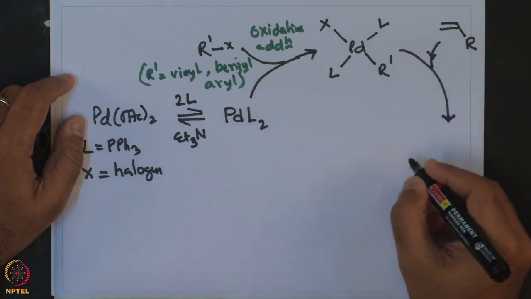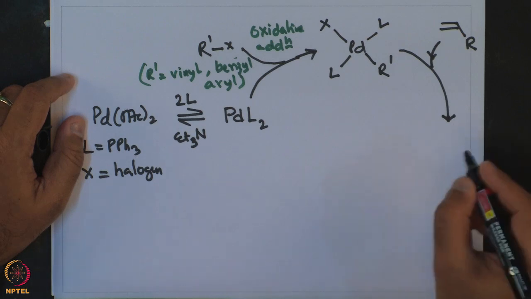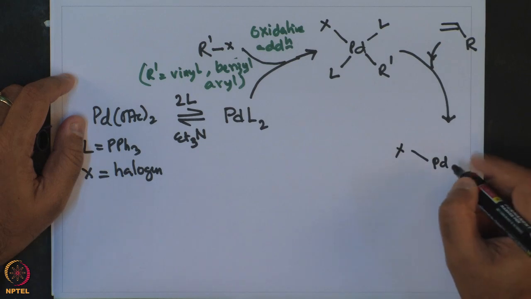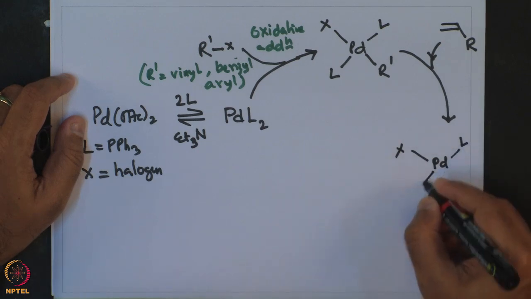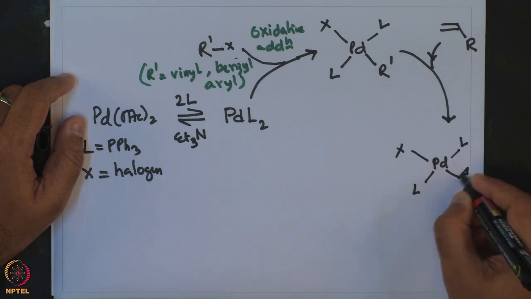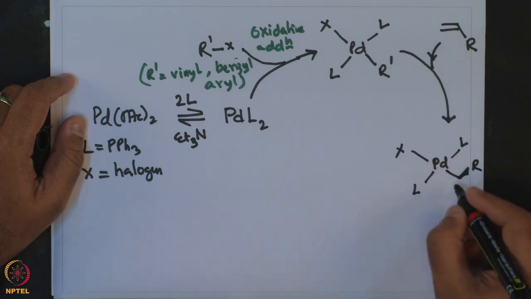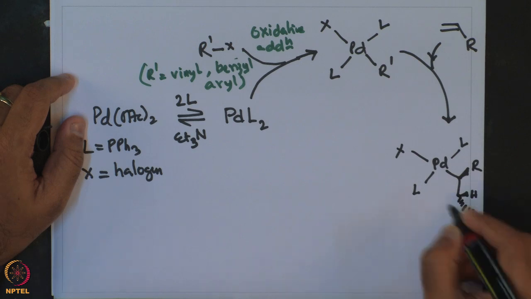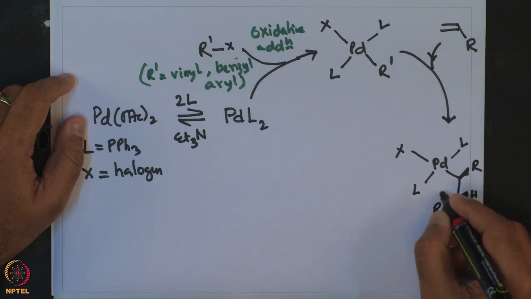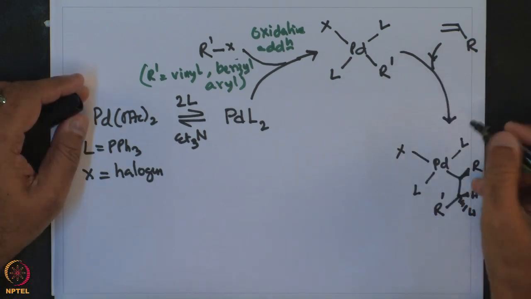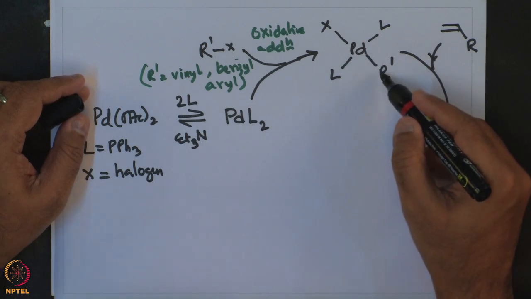This is kind of coordination insertion chemistry going on over here to give the complex which is palladium L R H H R dash. So, this is a coordination insertion into palladium alkyl bond.